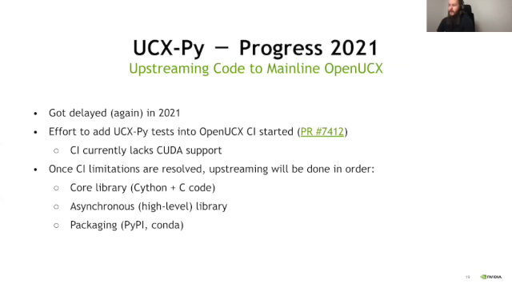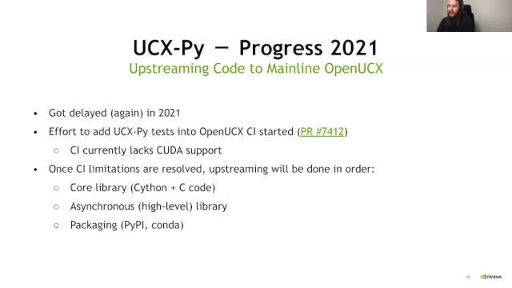As we mentioned in last year's annual meeting, we still intend to get UCX-Py upstream to the mainline OpenUCX repository. Unfortunately, due to delays that happened throughout the year, we were unable to complete it. The good news is that we began some of the work already. We have opened PR 7412 that introduces UCX-Py tests in OpenUCX's CI pipeline.